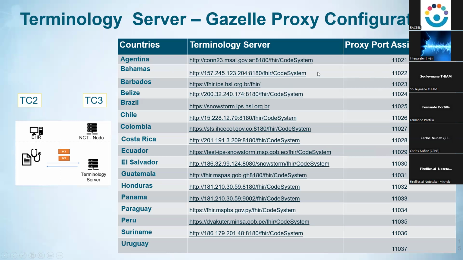But in order to forward it, I need to make sure that in my query I send it to port 11022 to reach the Bahamas terminology server. It's the same for Colombia, 11027. That's the port we assigned them. So if you want to send a query to Colombia for TC2 and TC3, you need to use this port address and the proxy will forward it to the Colombia terminology server.